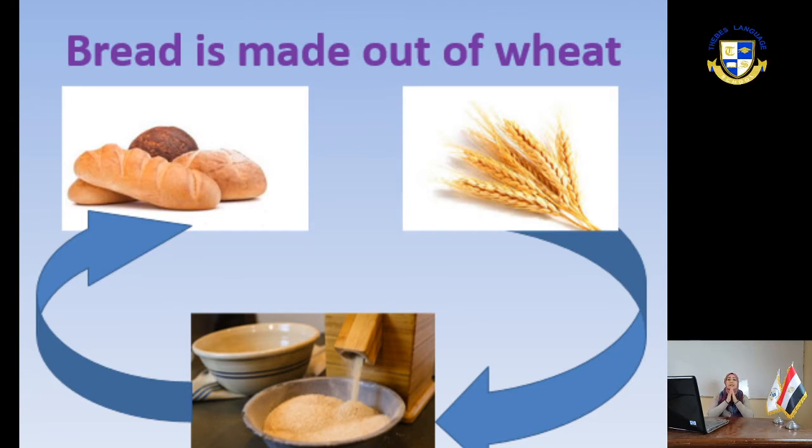The bread started as a small seed, a seed of the wheat. We plant it in the ground as a small seed of wheat. Then it grows up to be a plant of wheat. Then a person takes all of this wheat and gives it to the factory, and the factory makes flour. Keep in your mind that this flour's color is white, and we use it to make bread.